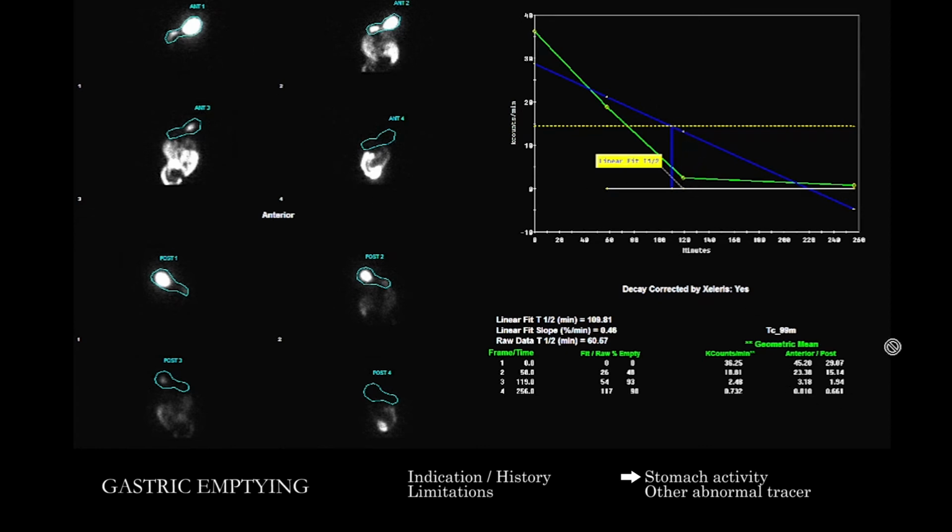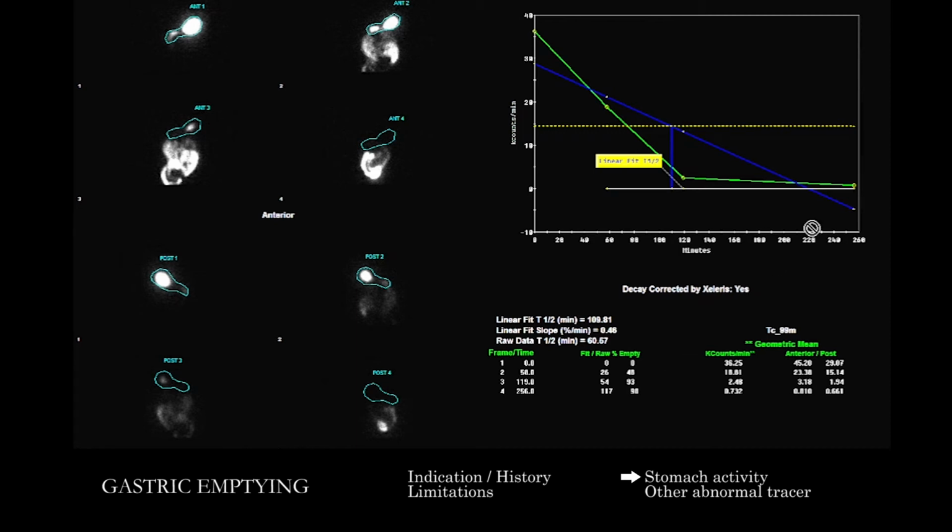These counts from the anterior and posterior projections you can place into a prefigured calculator, or they will be automatically provided to you, giving the degree of emptying for different time points, frequently an hour, 2 hours, 3 hours, 4 hours.